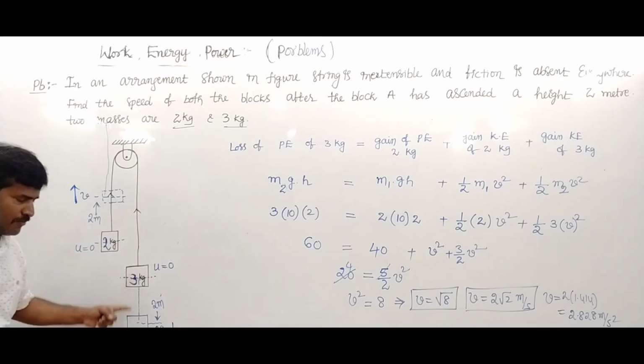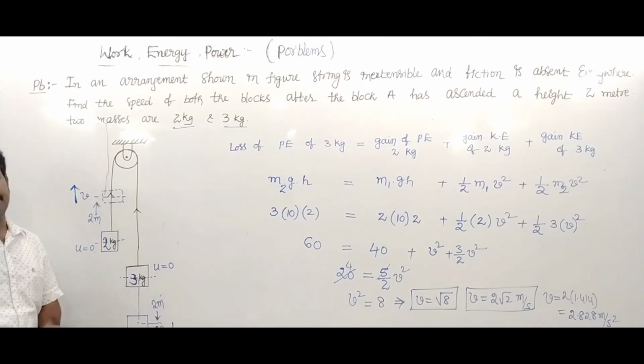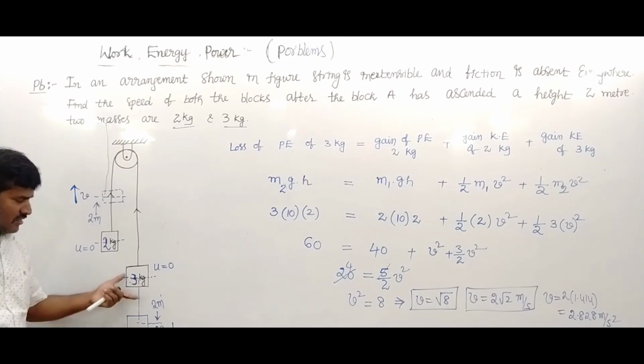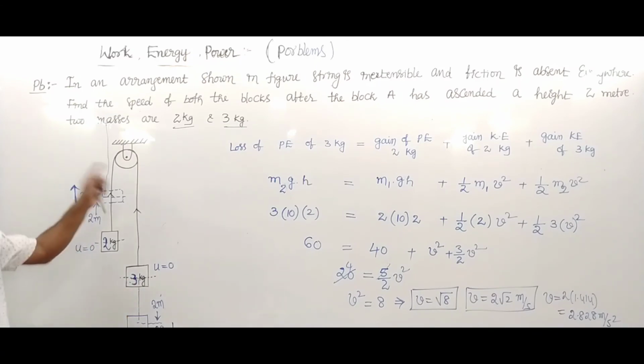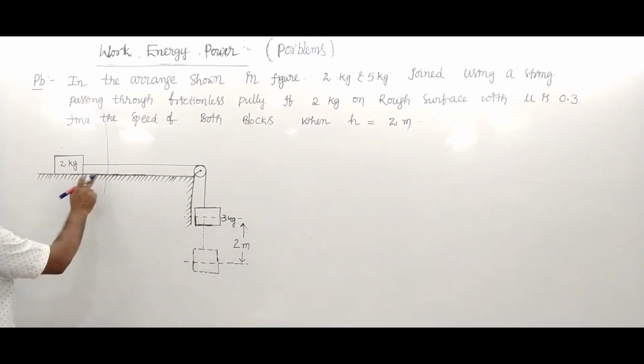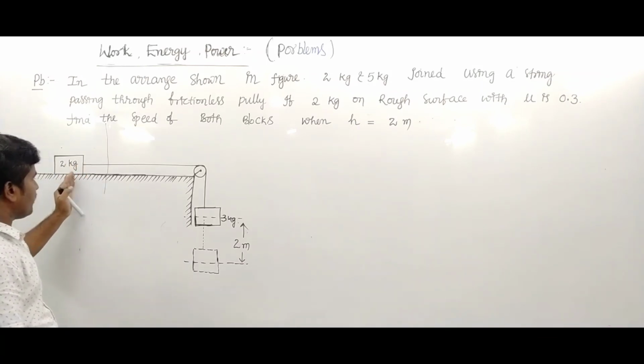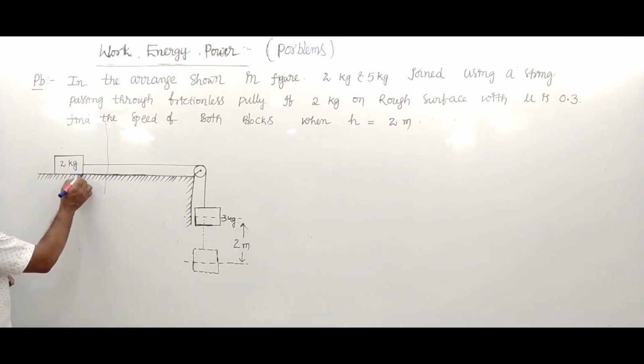Energy lost by the body is equal to energy gained by the system. So energy lost by this body is equal to energy gained by the system. In the given problem, it is a non-conservative problem. Non-conservative means some amount of work is done due to friction.